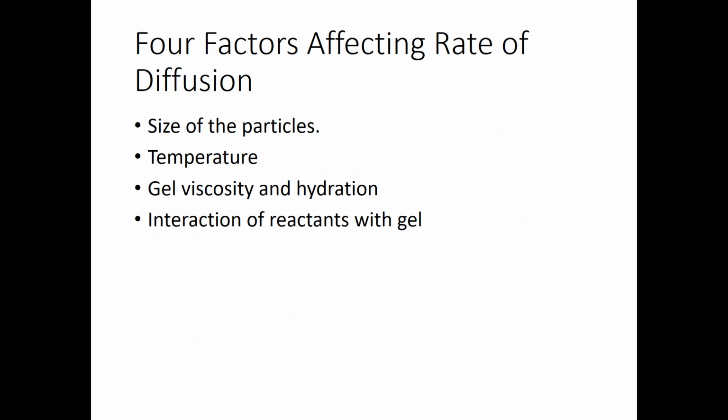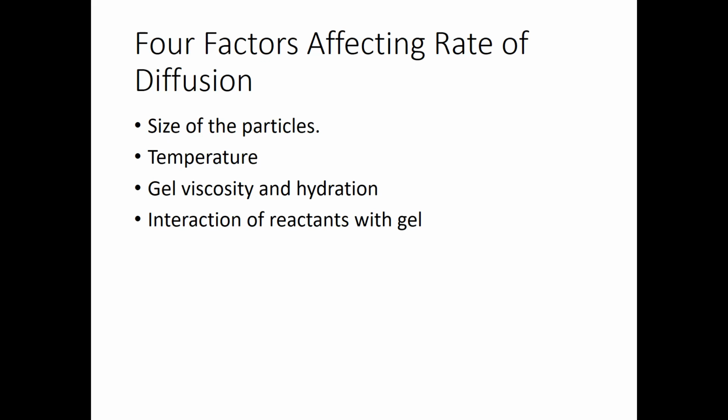diffusion. There are a couple of factors when we're looking at passive diffusion techniques that we have to consider. Number one is the size of the particles that form. If we end up with very large immune complexes forming, they're not going to travel through the gel, right? The gel is very viscous, and they're not going to move once they form. Temperature can impact it.